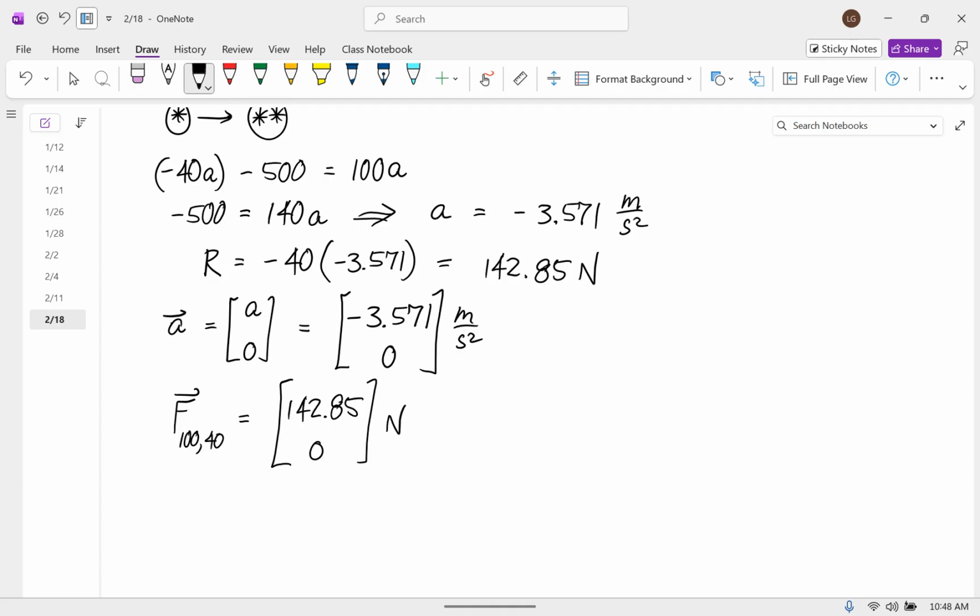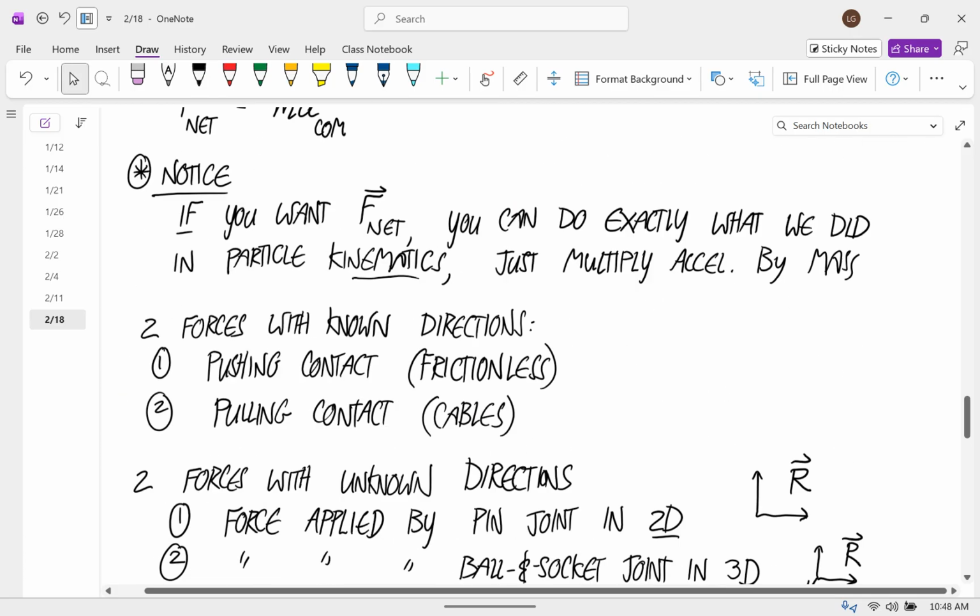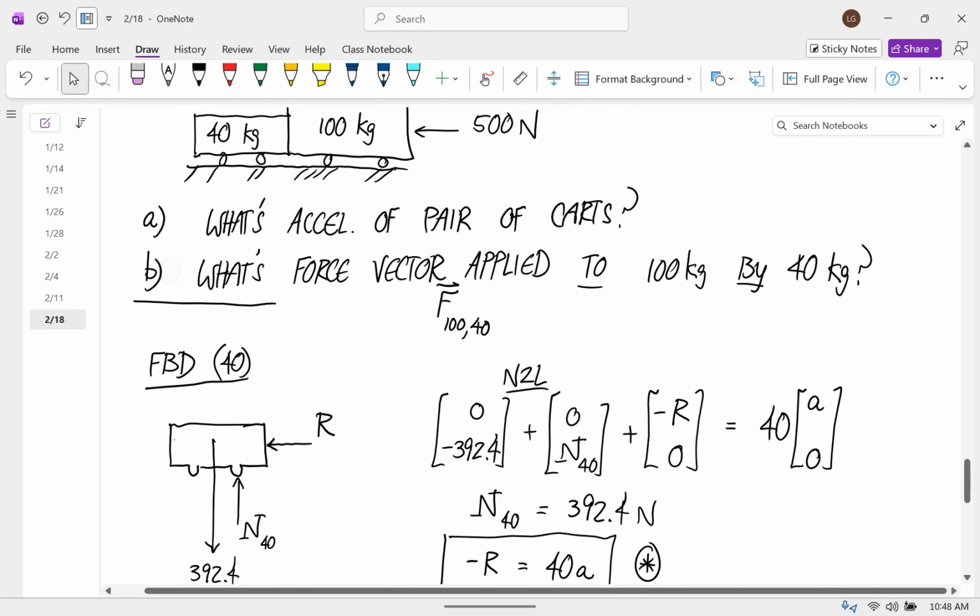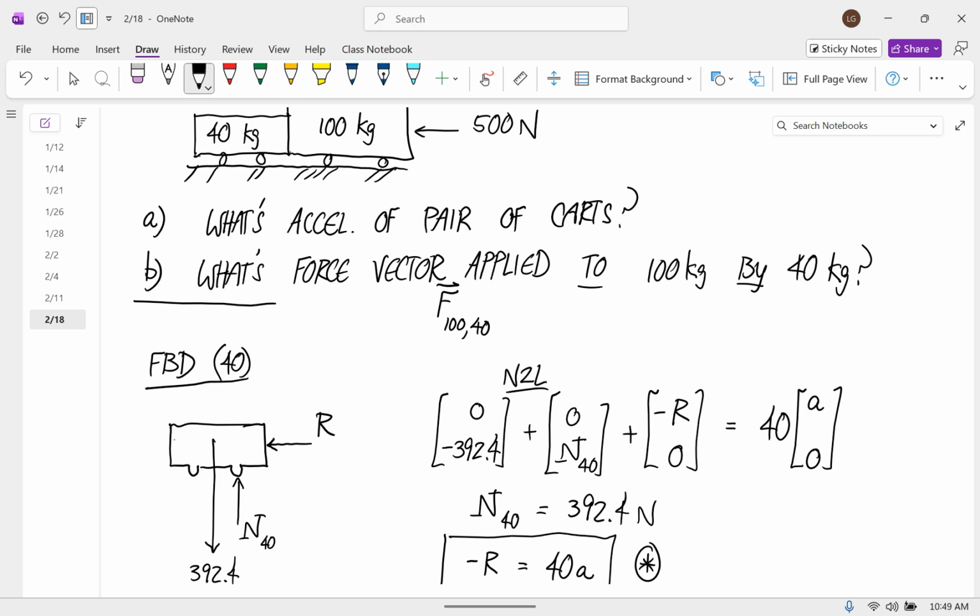Wait, can you show again which vector you look at? Yeah. The question asks for the force vector applied to the 100 by the 40. So we're going to look at the reaction force as it appears in the free body diagram of the 100.